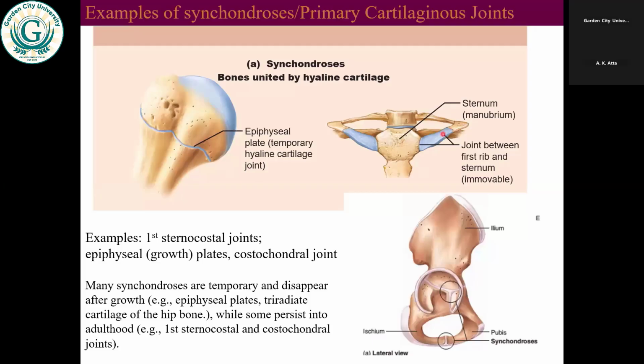And here you are seeing between the costal cartilage and the bone that makes up the rib. So there's another joint here. What do we call the joints? Let me use a marker here. So that one is, let's say, A. Then this one here is B. So what do we call the joint here?